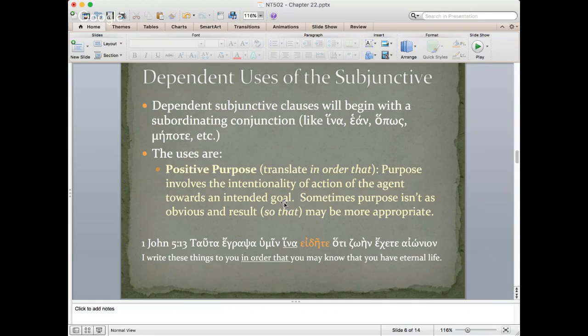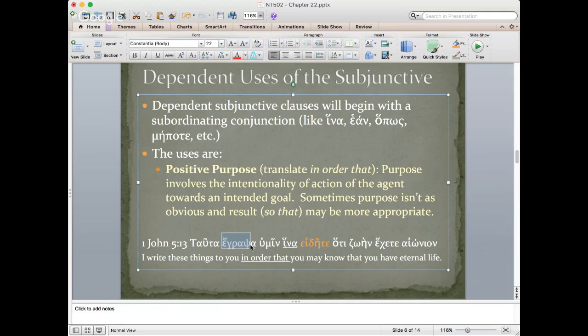Sometimes purpose isn't as obvious, and result is going to be more appropriate: I am doing this so that X may occur. If you look at 1 John 5:13, I write these things to you in order that, or so that, you may know, but it's subjunctive, so you may know that you have life eternal.